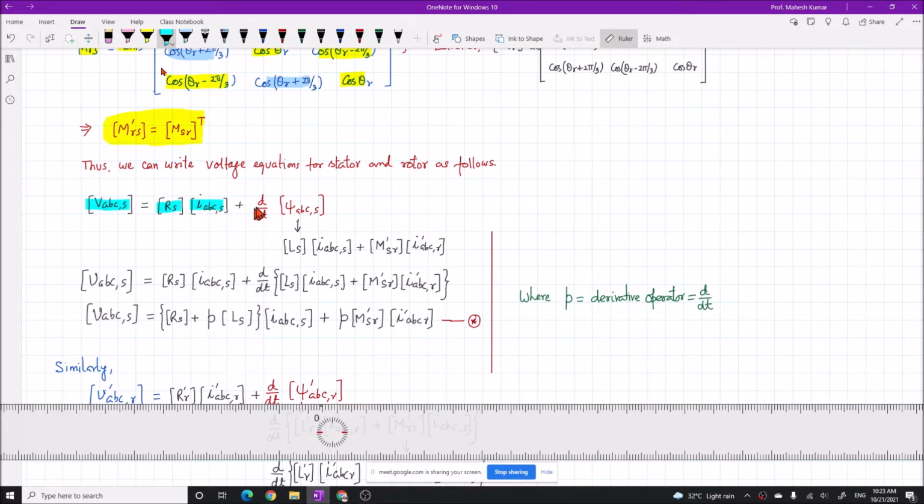Okay, plus d/dt of the flux linkage psi ABCS. Now as we have found, psi ABCS is nothing but LS into IABCS plus MSR dash into IABCR dash. Okay, and when we say d/dt of this, it basically means d/dt of the whole term.